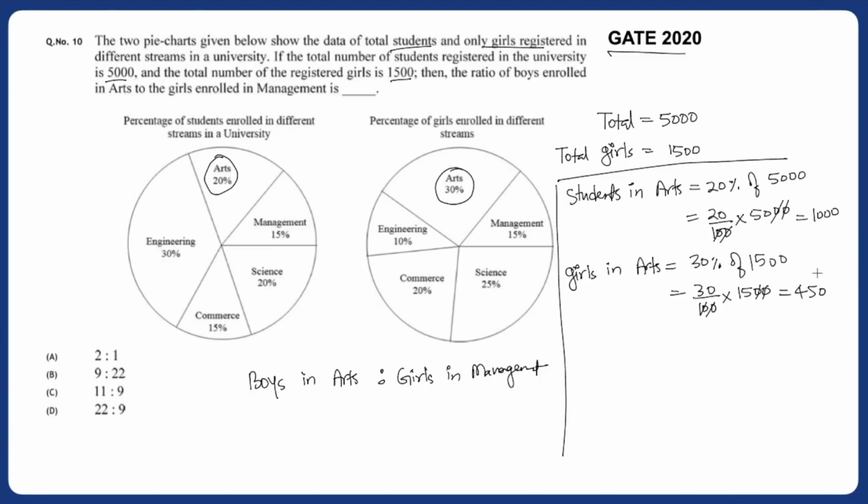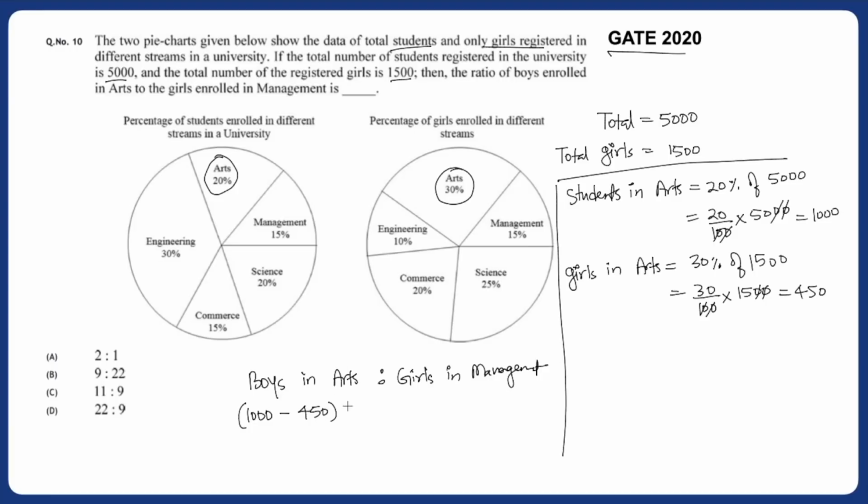So this is the number of girls in arts. How to find out the number of boys in arts? The number of boys will be the total students in arts minus the number of girls in arts. So 1,000 minus 450 should give you the number of boys in arts. That's how I calculated the number of boys in arts.